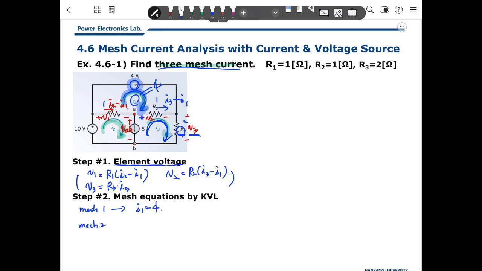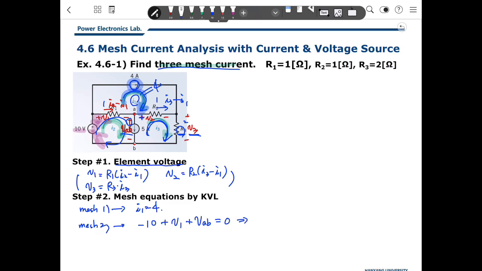Then the second mesh. We start here. At first we meet the 10 volt at its minus, so we write minus 10. And we meet the positive V1, so we write plus V1. And we meet a positive VAB, so plus VAB, and we come back to the start point, so that equals 0.